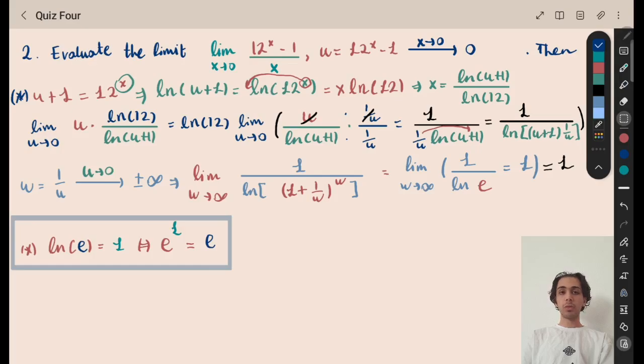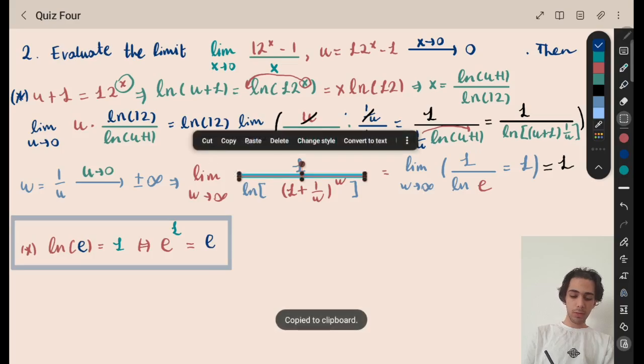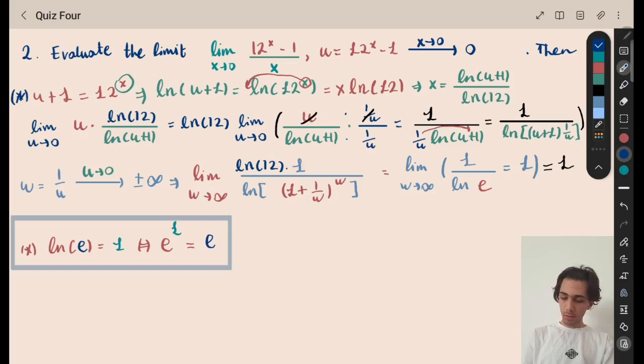And there's something that we've been horribly ignoring so far, which is this ln of 12. So I have not written it down in all of the previous expressions, but I can do this now.